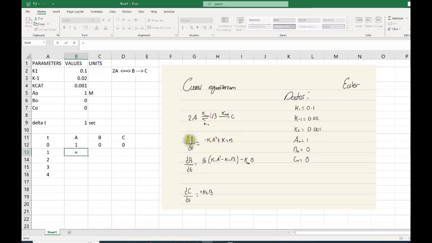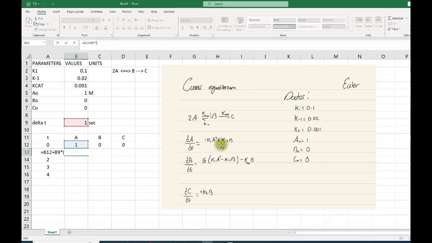And what's delta A? Delta A is basically the new value of A minus the initial value of A. So if I put this here and express everything based on the new value of A, it is the old value of A plus delta t times, open a parenthesis here, and that will be whatever you have here.